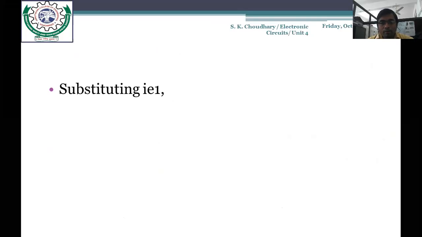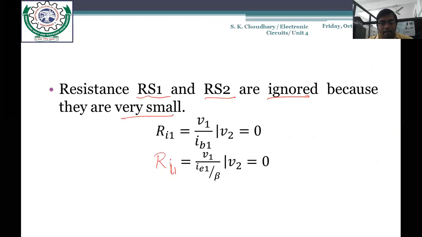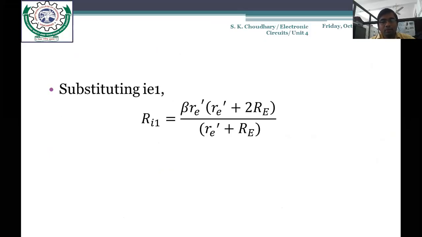Now we have seen the equation for RI1. Now we have to elaborate this formula for the input resistance. So we substitute the value of the emitter current IE1. In the last lecture, we calculated IE1. Now substitute the value of IE1 here.